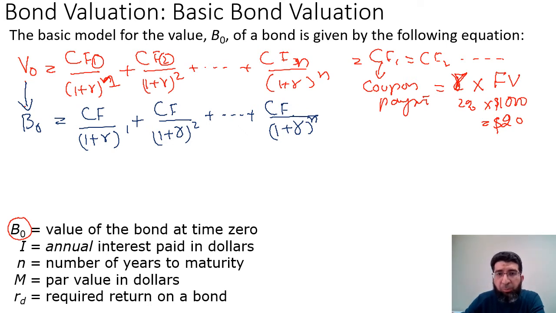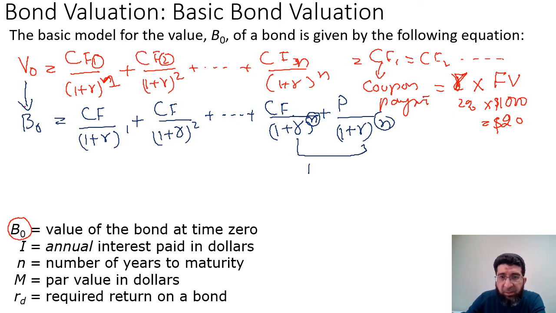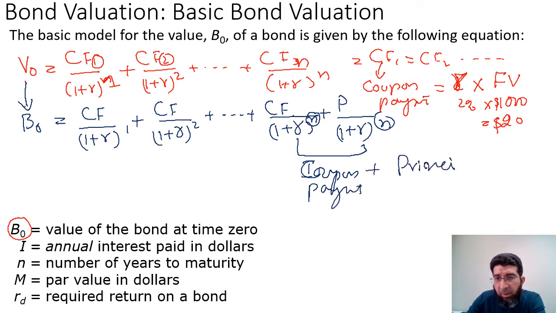However, the bond also pays back the principal amount. For that principal amount, we have to bring the principal over 1 plus R to the N separately. Technically, we put this N for both because the last coupon payment comes together as a package with the principal, or face value, payment. So these are bunched together.